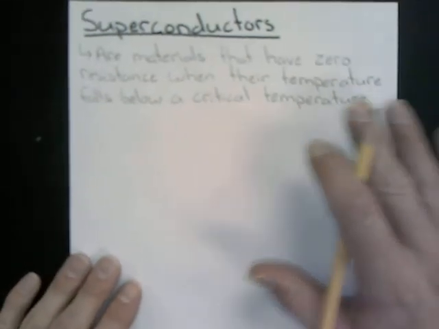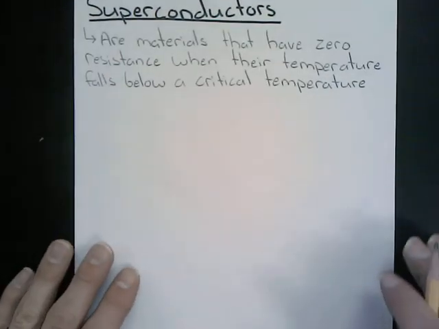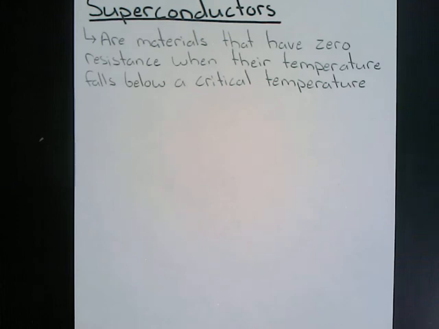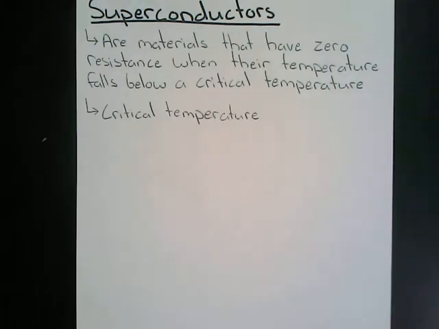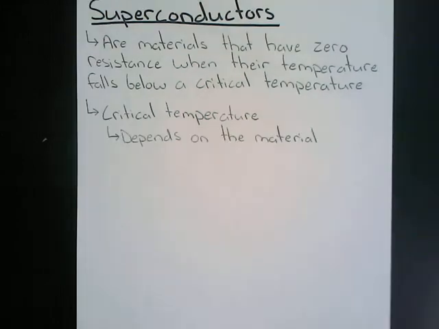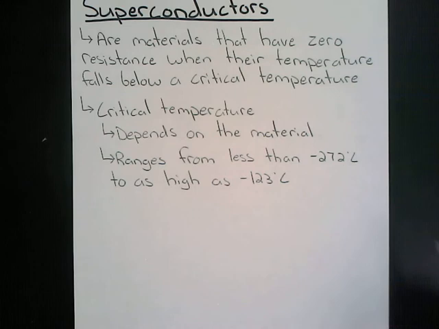The critical temperature is unique for each material, but it can range from negative 272 degrees Celsius to as high as 123 degrees below zero Celsius as well. I want you to notice that these are both negative and they're pretty low temperatures for a superconductor to go through this process.